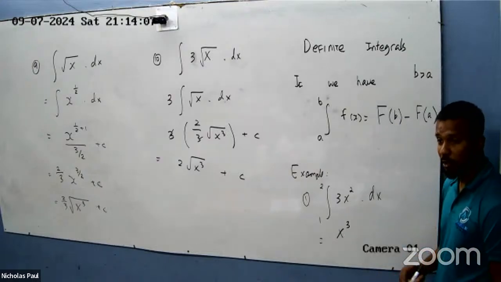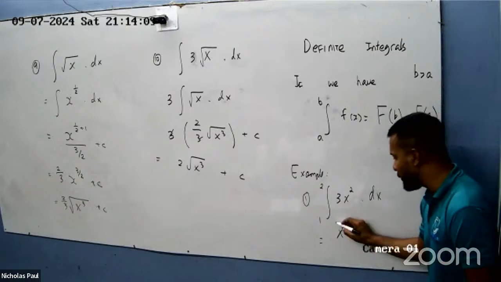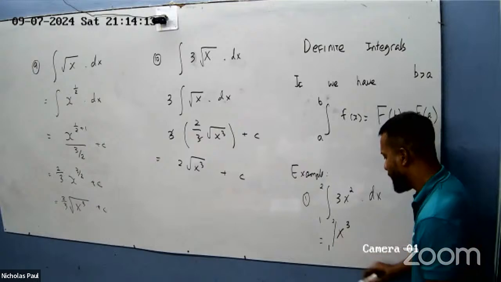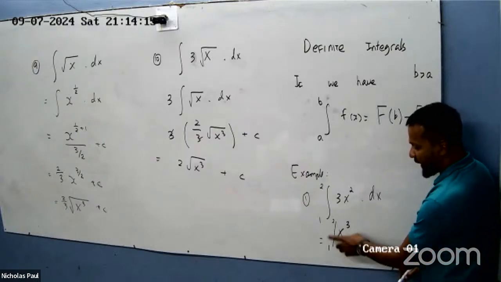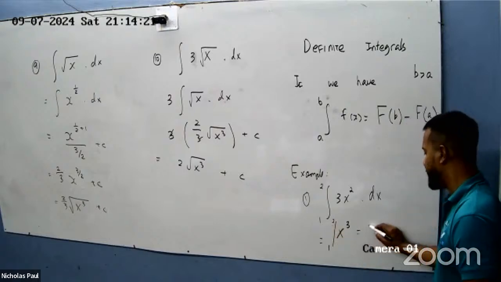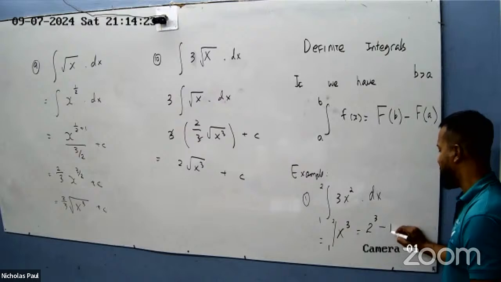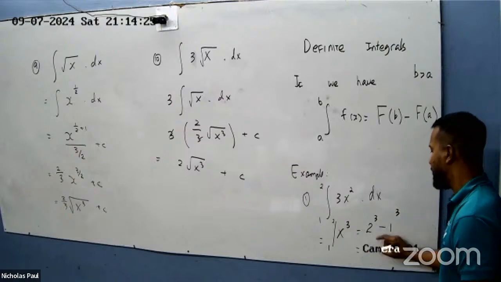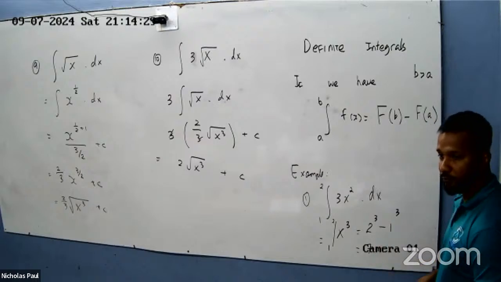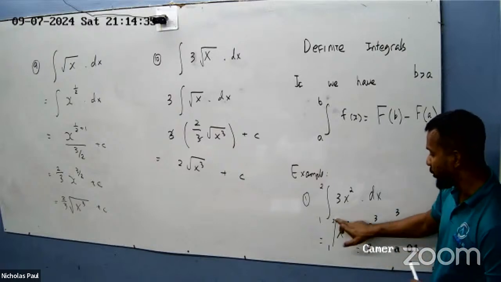Now put your 2, put your 1. Plug in 2 and 1, so you get 2 cubed minus 1 cubed. 8 minus 1 is 7. That's it. Integrate, plug in 2 and 1.